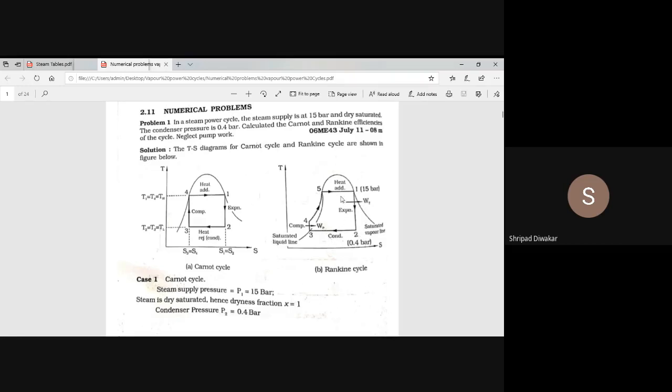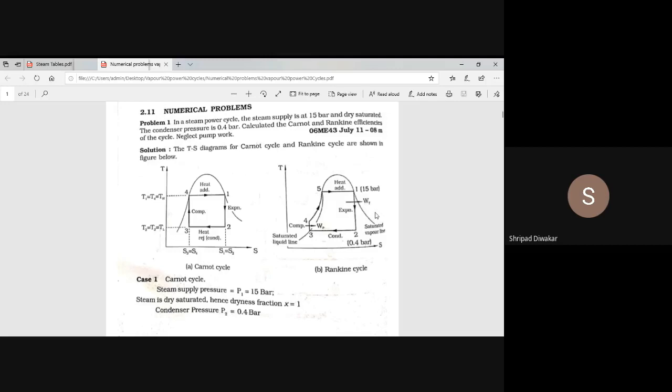Whatever the condition of steam inside the curve is wet condition, and whatever the condition of steam above this curve is superheated condition, and points lying exactly on the saturation curve are in the dry state, where x is 1.